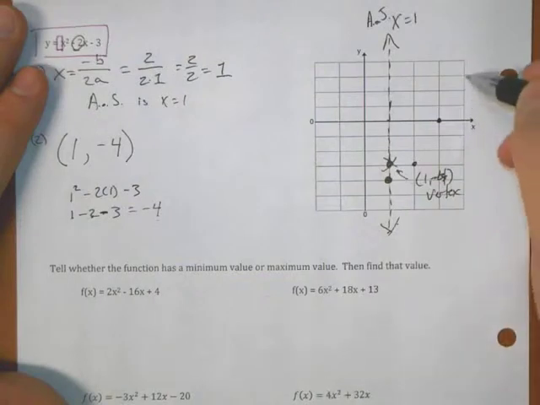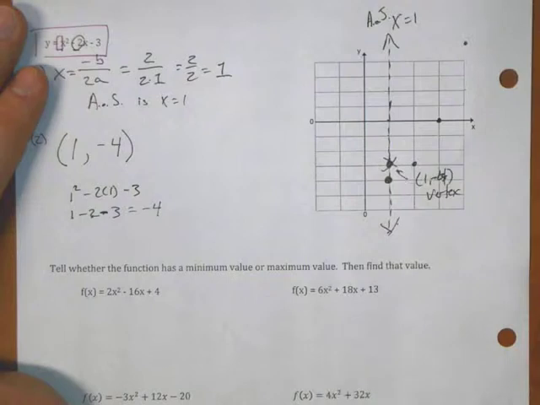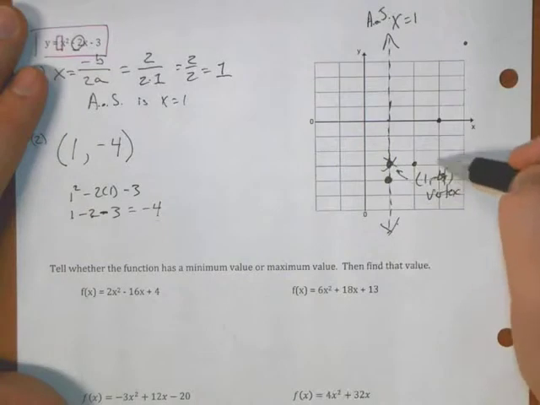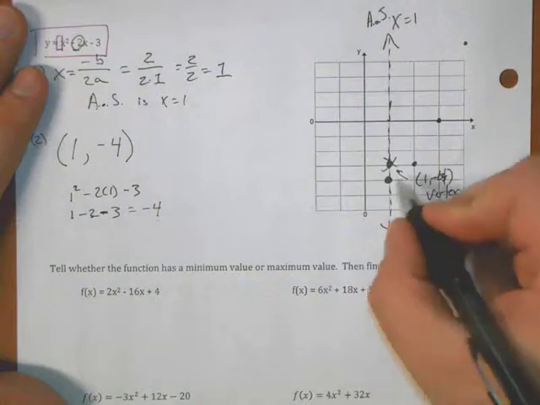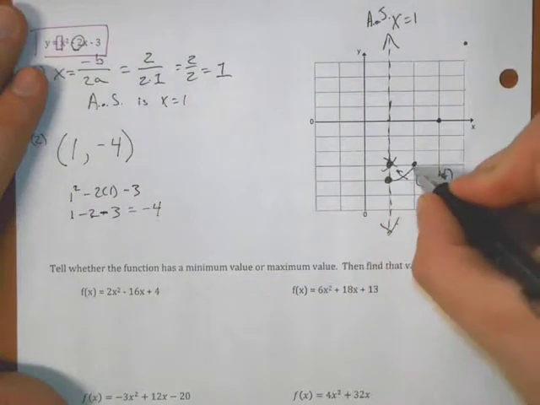When I go over the third time, how much am I going to go up? 5. 1, 2, 3, 4, 5. If I went over one more time, how much would I go up? Up 1, up 3, up 5. One more time, how much would I go up? 7.